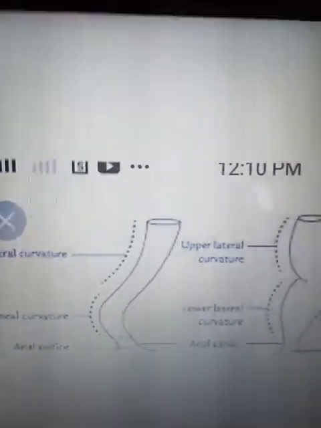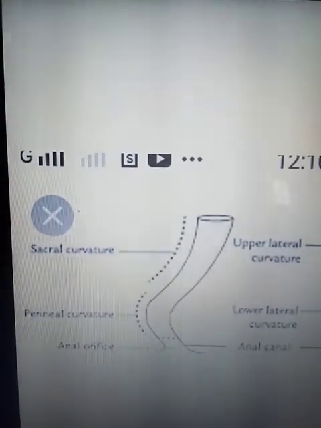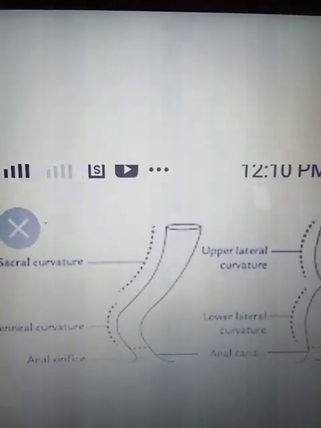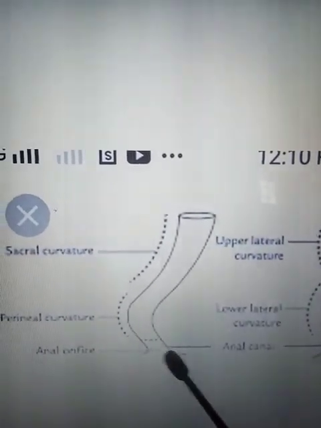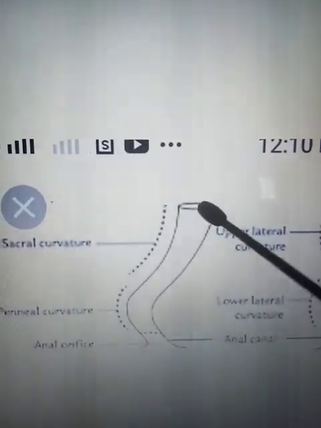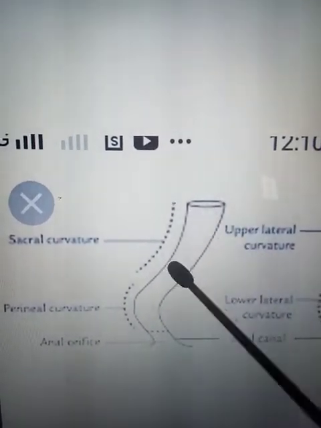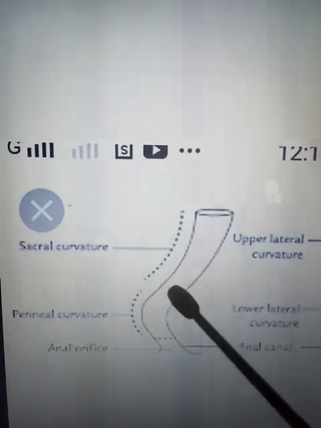Then for the curvatures, as I have told you, the rectum is not at all straight, it has various curvatures. It has two antero-posterior curvatures. One is your sacral curvature. Can you see? How is the sacral curvature formed?